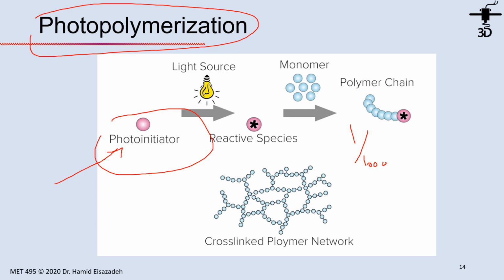And in this short time, a three-dimensional polymer network is going to be formed, and then we have a fairly solid three-dimensional part. Don't forget, after the process, we have to post-cure the part. Why? Because we want to have the final mechanical property. So after this, the part has to go to the next station for post-curing.